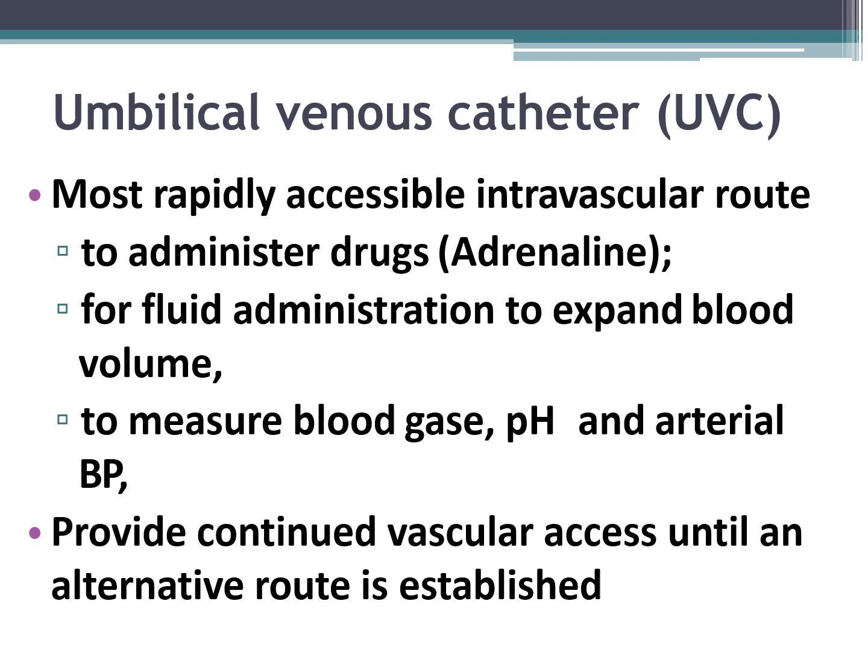Umbilical venous catheterization is the most rapidly accessible intravascular route to administer drugs like adrenaline, or to give fluid in order to expand the blood volume, or to measure the blood gas, that is arterial pH, and even the blood pressure also, and provide continued vascular access until an alternative route is established.